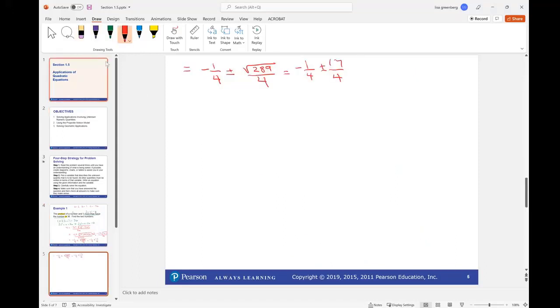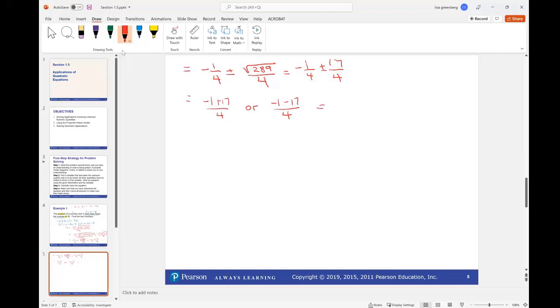So now we're not done yet. So here, since we don't have a radical, we have just a number. Remember, this is equal to negative 1 plus 17 over 4, or negative 1 minus 17 over 4.